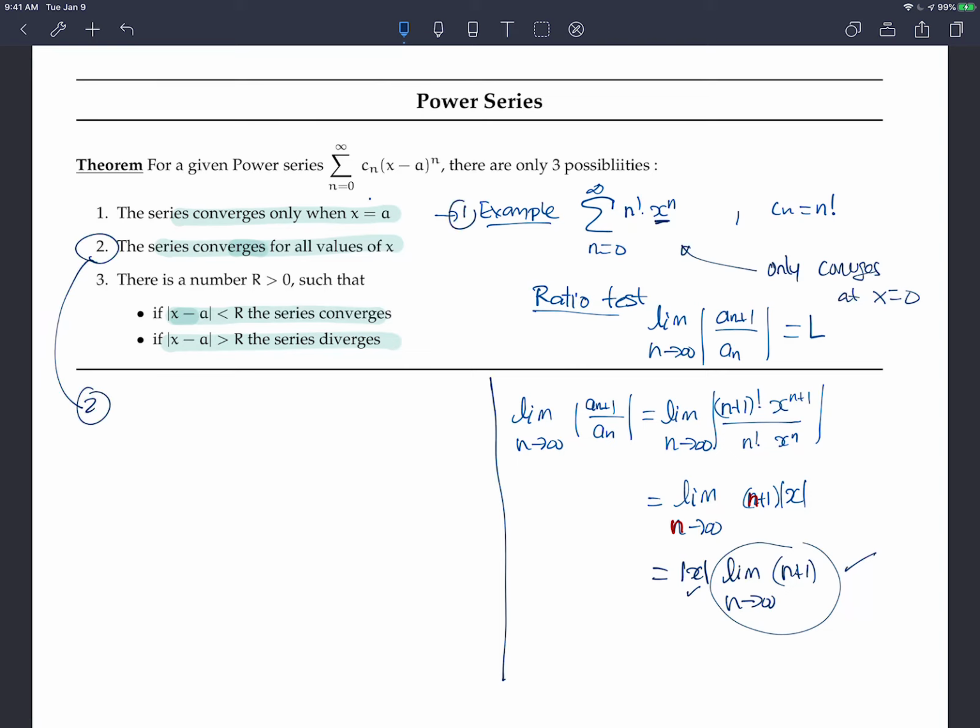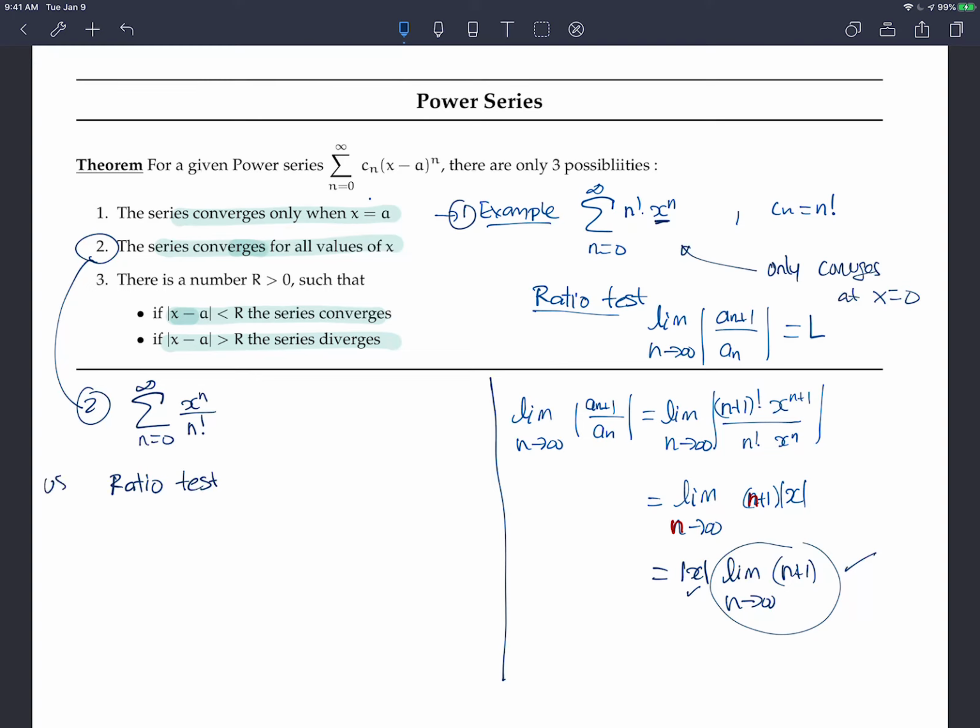An example for number 2 is going to be an example that we're going to talk about later: x to the n divided by n factorial. Here I did n factorial times x to the n, and now doing x to the n divided by n factorial, sum from 0 to infinity. Let's do the same argument with the ratio test.